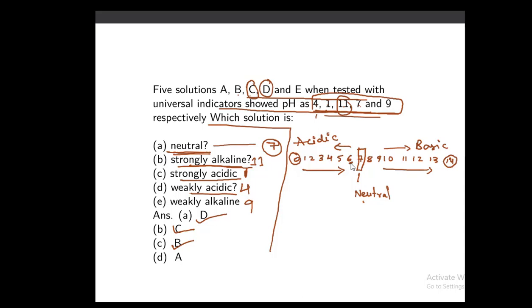The weak acid would be 6 here, but we do not have 6, so the next number is 4. 4 is in the first place, 1, 2, 3, 4, so 4 is A here. So the answer is A. Next, question E, weakly alkaline. As the basicity increases, we have 9 as the last number. So 9 is the answer E. So E is the answer for this question.